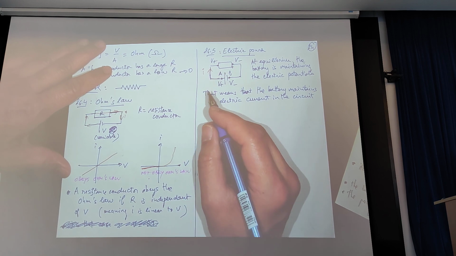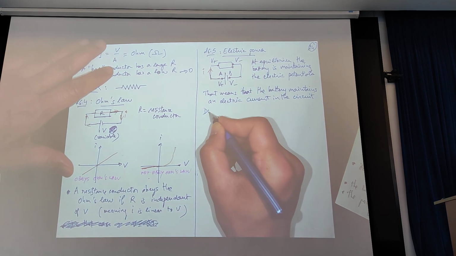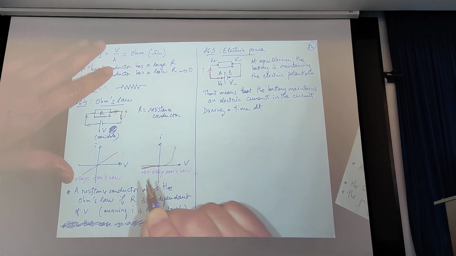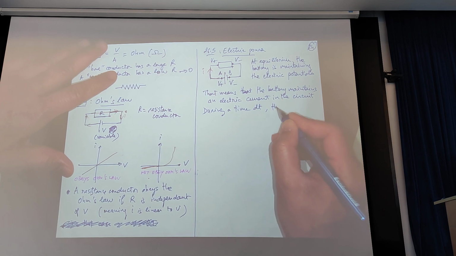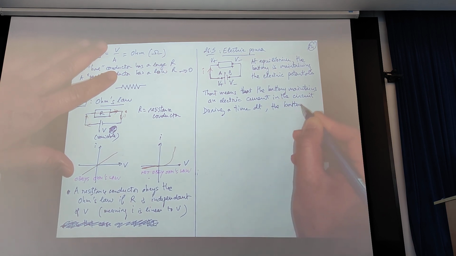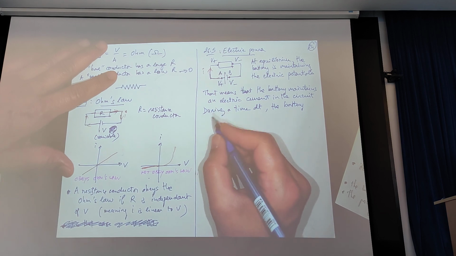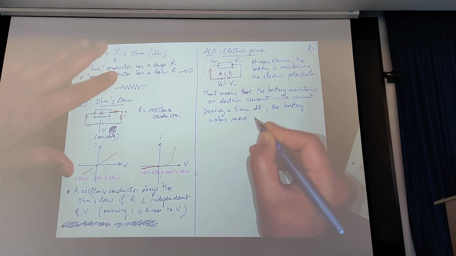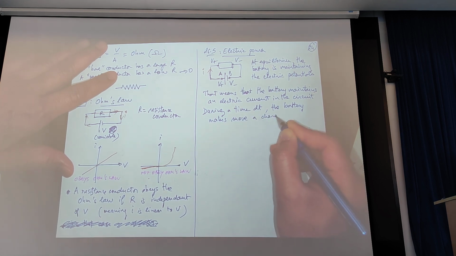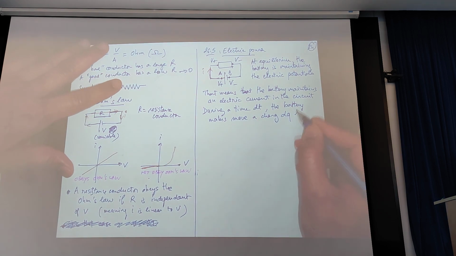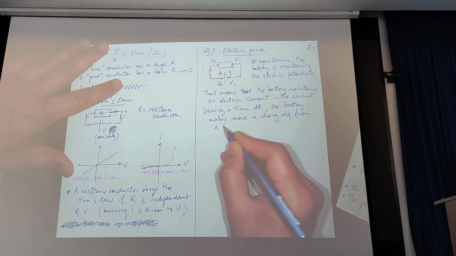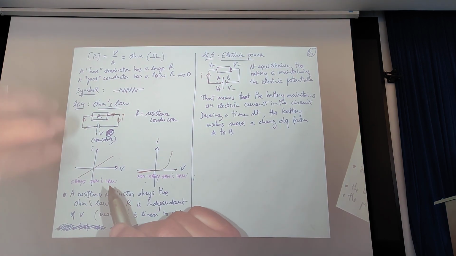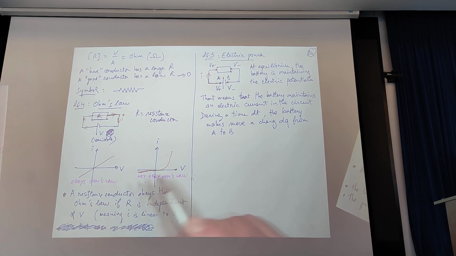So during, let's say, a time dt, the battery moves a charge dq from A to B. Okay, so no, A is here.